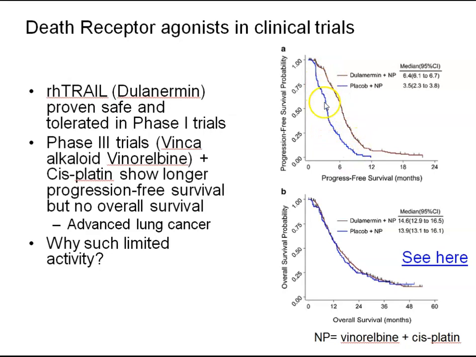But it's not just no treatment, it's shown as placebo, NP, which in this case is a vinca alkaloid and cisplatin. So these patients here have got the vinca alkaloid plus cisplatin. These have got vinca alkaloid, cisplatin and TRAIL. And we can see we've got progression-free survival benefit by including the TRAIL. However, that didn't result in an overall survival benefit.